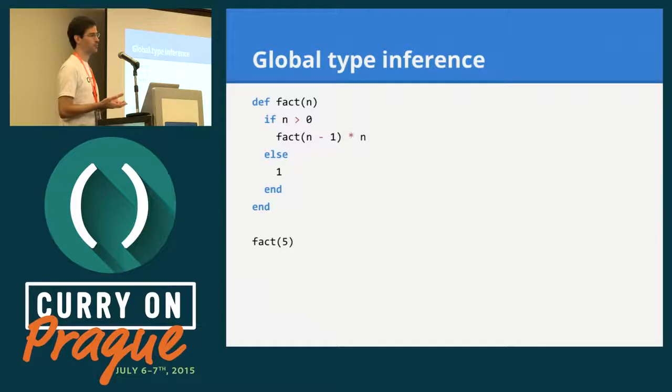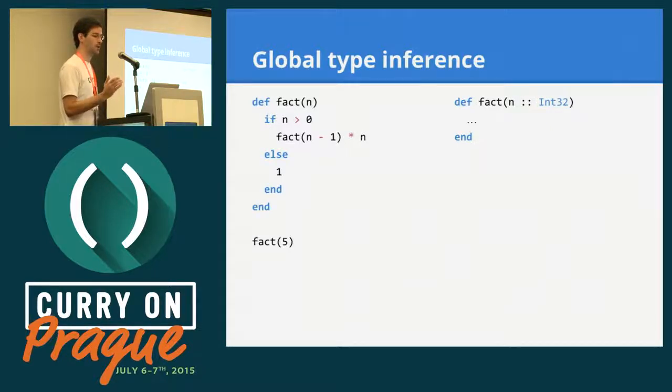Continuing with methods and calls. This, of course, has to work with recursive definitions because otherwise the language is not very useful. So let's see a bit more complex example with a factorial. Again, we invoke it with a string. So an instance is generated with a string argument. And then we have an if. An if is an expression in Crystal, so it will get the value of the branch that's executed.